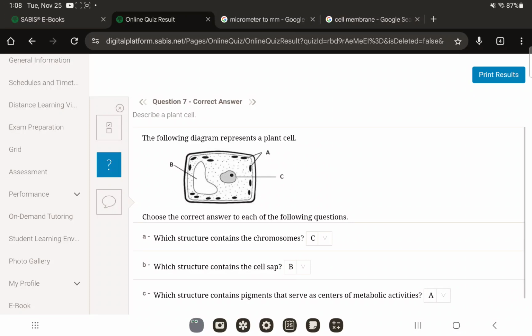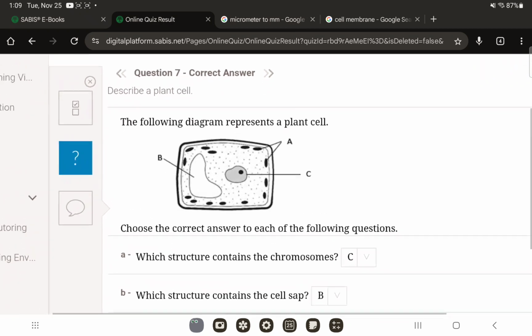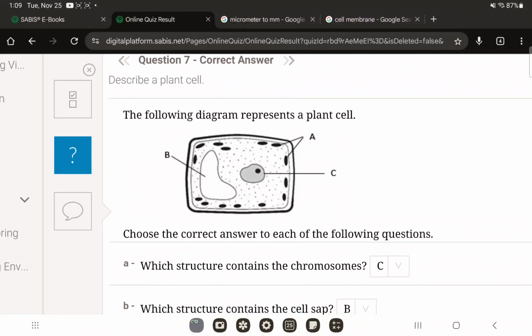So the following diagram represents a plant cell. Choose the correct answer to each of the following questions. Okay. Which structure contains the chromosomes? Generally, the nucleus contains the chromosomes.